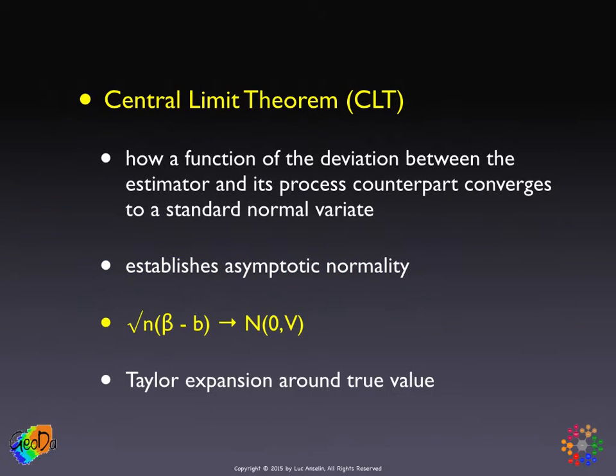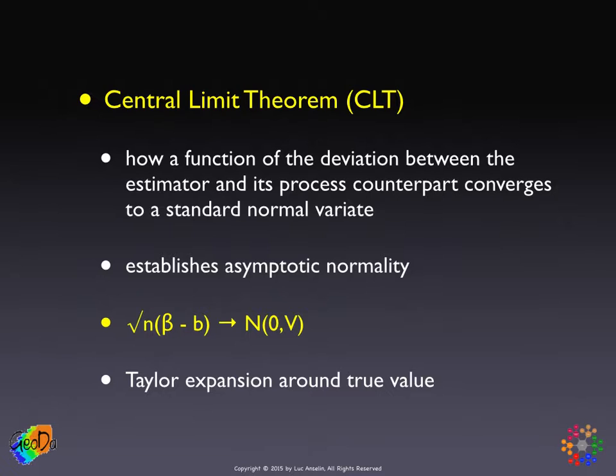And then the second concept, the central limit theorem, is about the difference between the estimator and its true underlying parameter value. And as we gain more information in the sample, in the limit, as we just talked about, this estimator will equal the parameter value, so there will actually be no randomness left whatsoever.